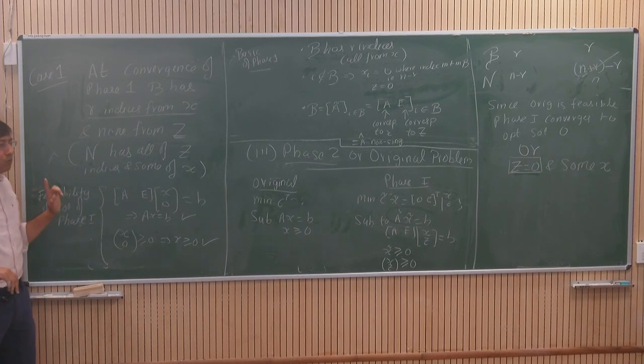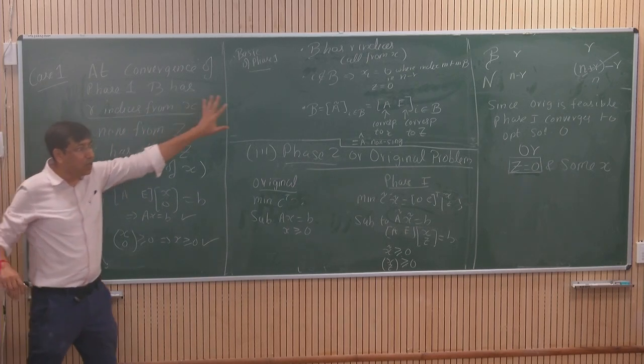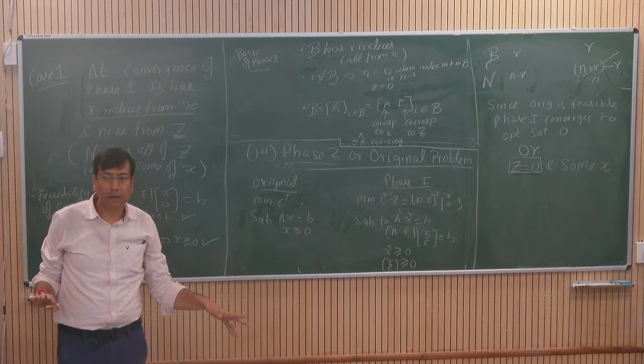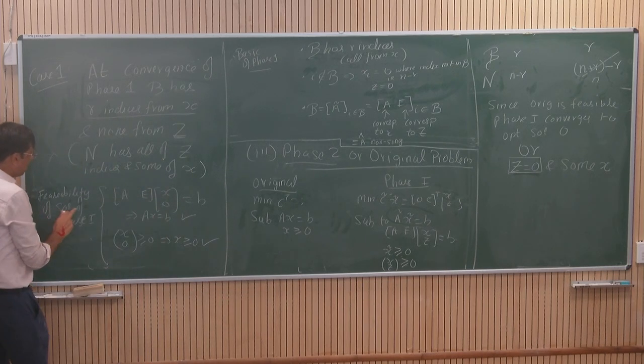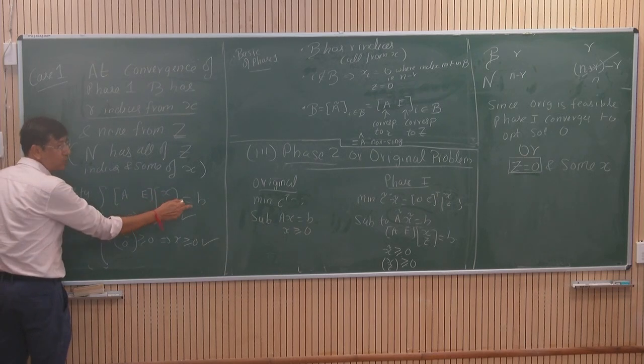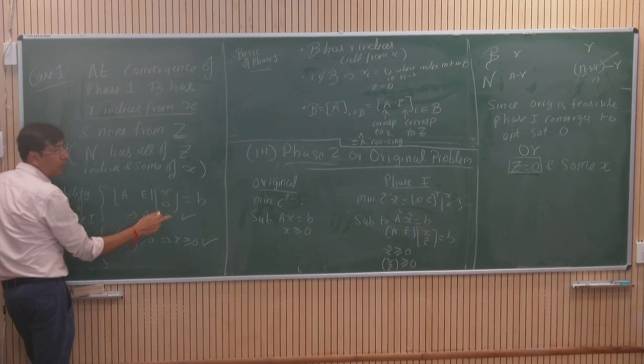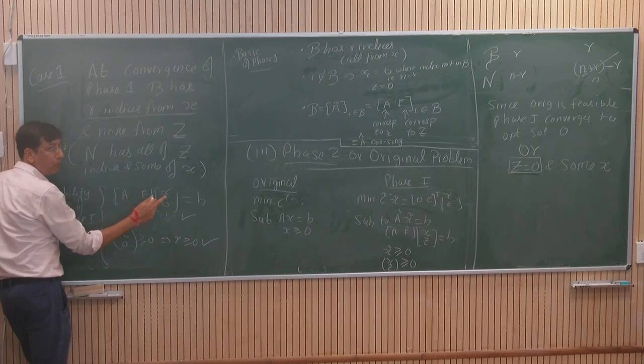Okay. So to do that, I have to prove the feasibility and the basic nature of the original problem. Everybody with me? So to look at the feasibility, we know that the phase 1 problem is feasible, which means [A E][X0; 0] is equal to B. Correct? This is the solution which you are getting from solving the phase 1 problem.